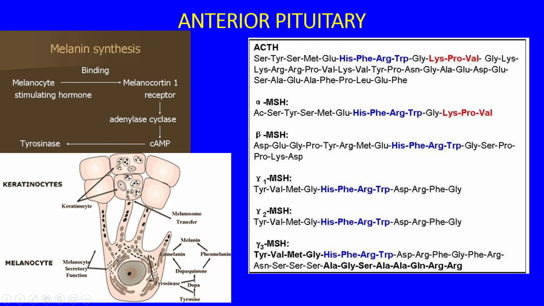Again, here are the different sequences that you see of ACTH and MSH. And some of these others, gamma 1, gamma 3, these are partial analysis. It's entirely possible you're going to see more of these neuropeptides, such as MSH, being understood from both the behavioral side as well as the physiological side.